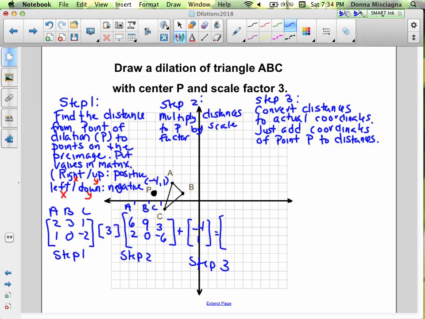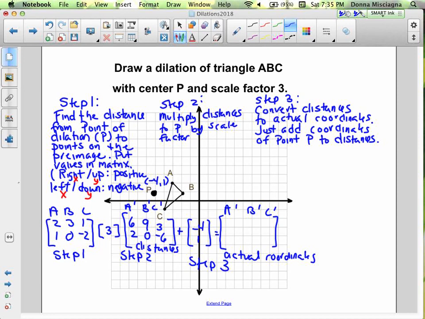This A, B, C is just distances. This one's going to be the actual coordinates. I'm going to add -4 to all the x's first, and then we'll add a 1 to all the y's.